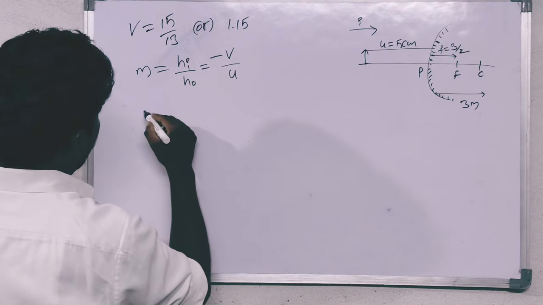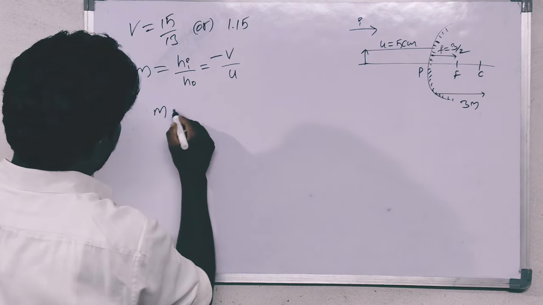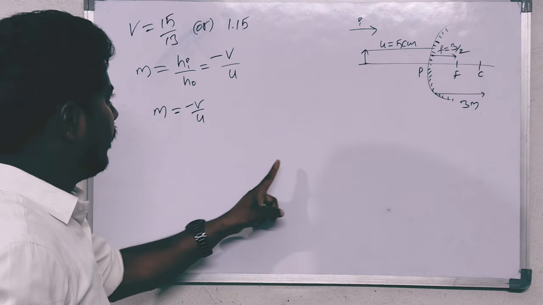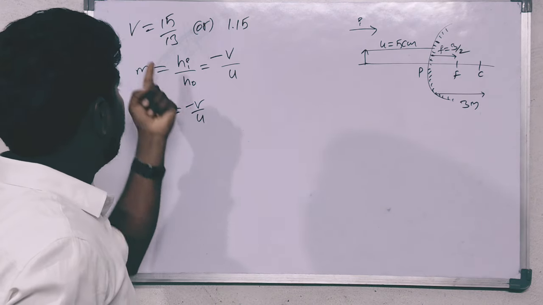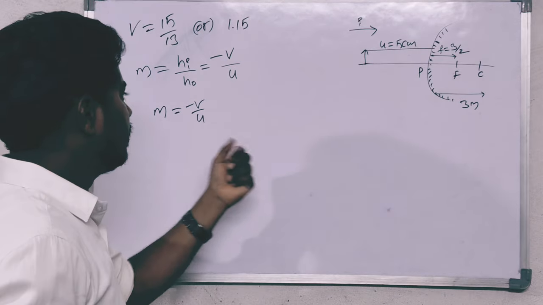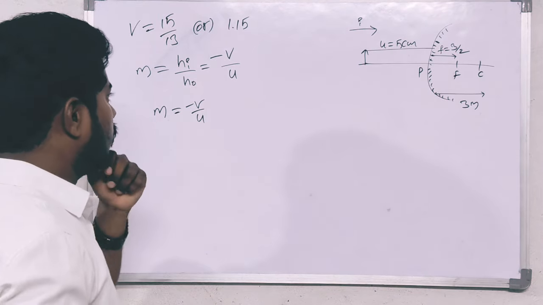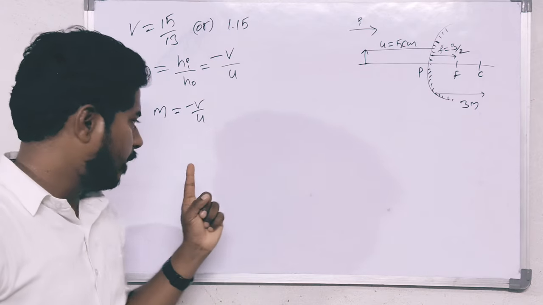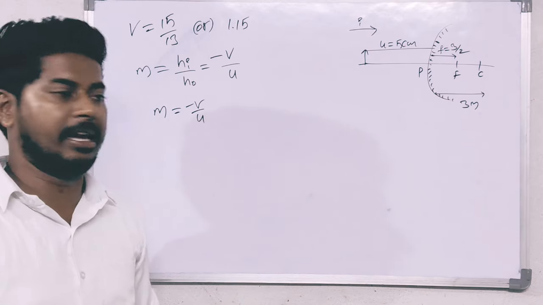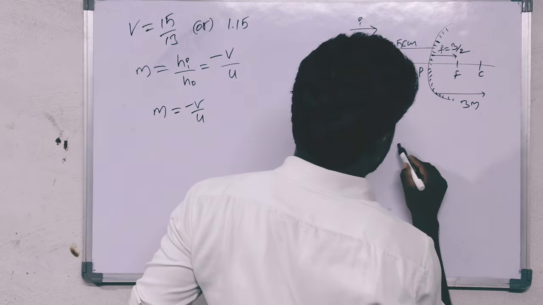So now magnification equals minus V divided by U. U is given, and we found the image distance V. When we apply the values in magnification also, we have to apply the sign convention again.